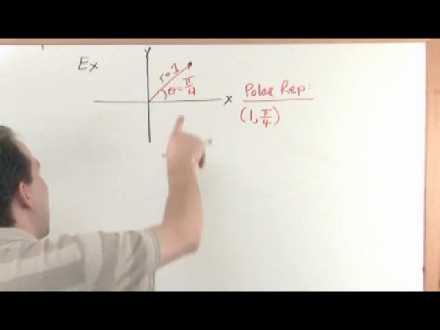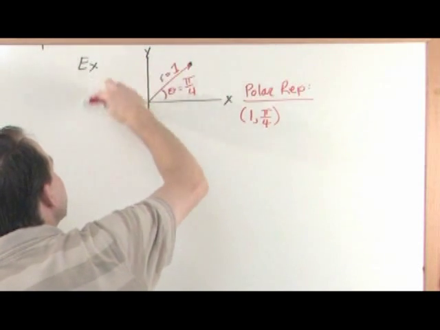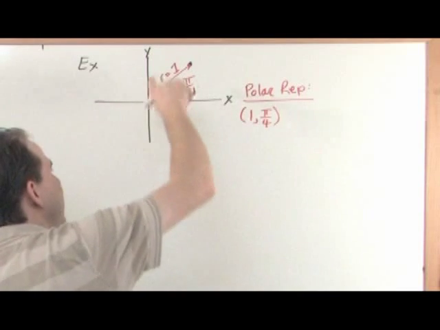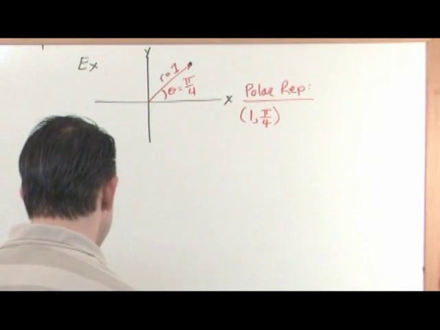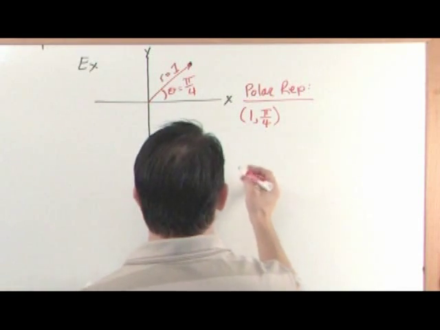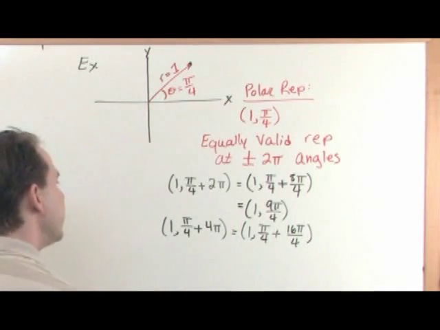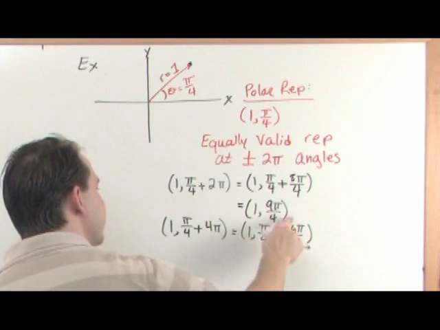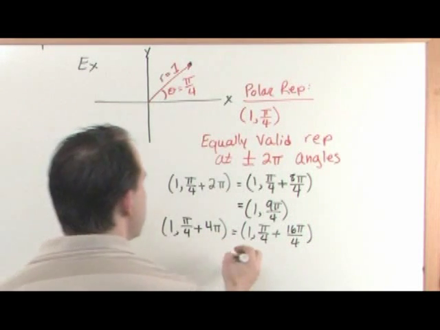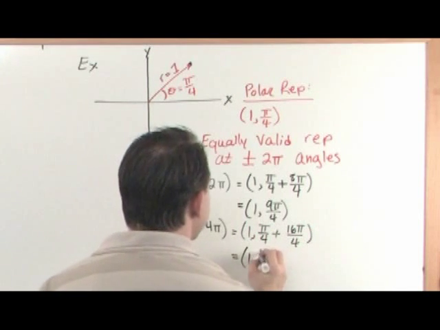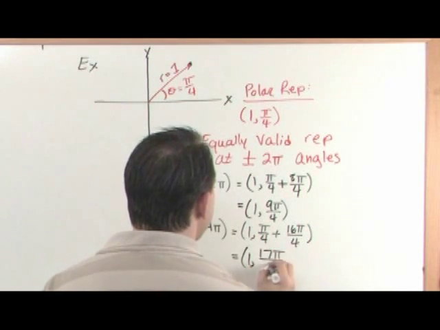So in theory, I could add another 2 pi radians to this angle, and I would end up in exactly the same place. So what would that look like? What I'm trying to say is that this representation is equally valid. I have a common denominator here, so 16 pi over 4, when you do this division, is equal to 4 pi. So that would be 1 comma pi plus 16 pi is 17 pi divided by 4.